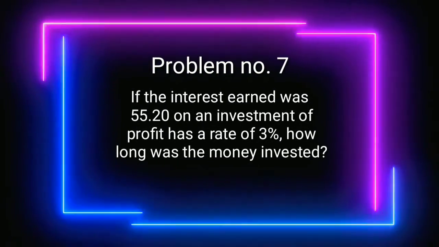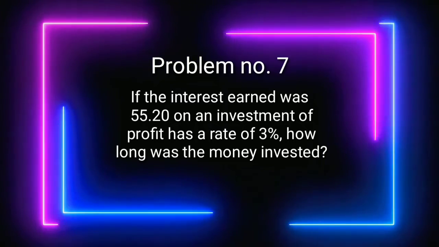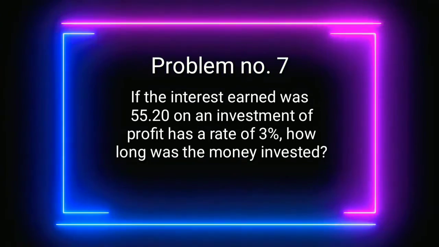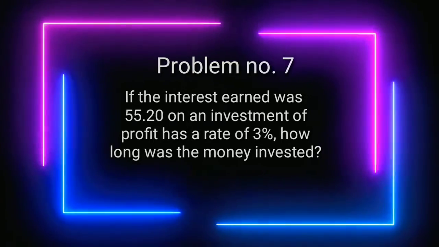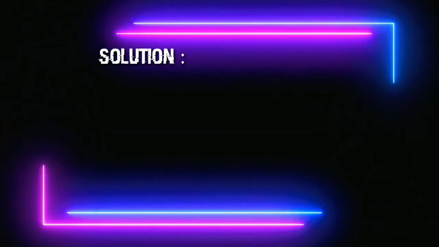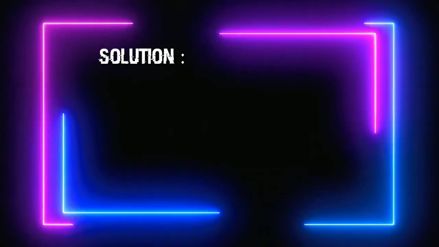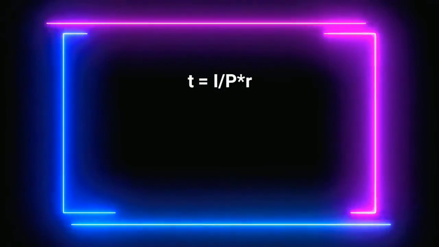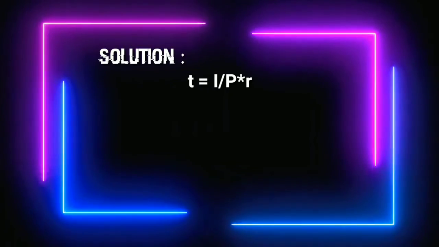Problem number 7. If the interest earned was 55.20 on an investment at a rate of 3%, how long was the money invested? In this problem, we're going to find the time. And again, we're going to derive the simple interest formula to find it. The formula is time equals interest divided by principal times interest rate.